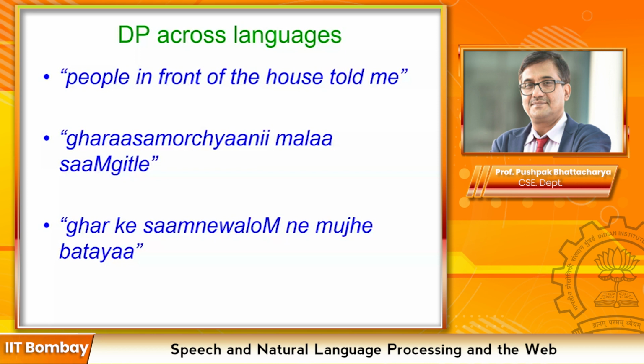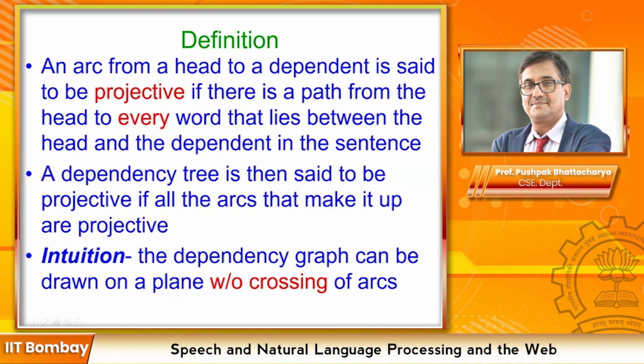I think we need a little modification here. An arc from a head to a dependent is said to be projective if there is a path from the head to every word that lies between the head and the dependent in the sentence through the dependent. You have to first go to the dependent and then try to come to the intervening words.